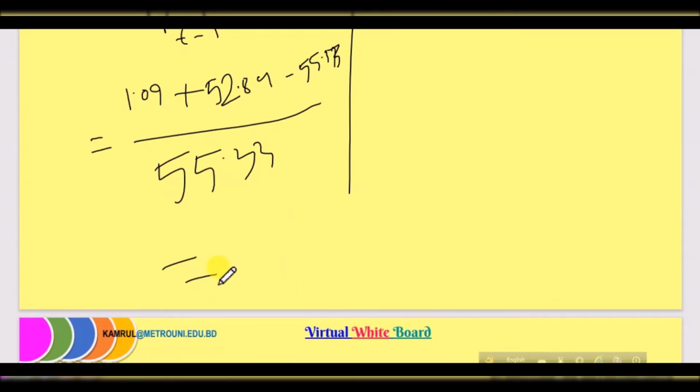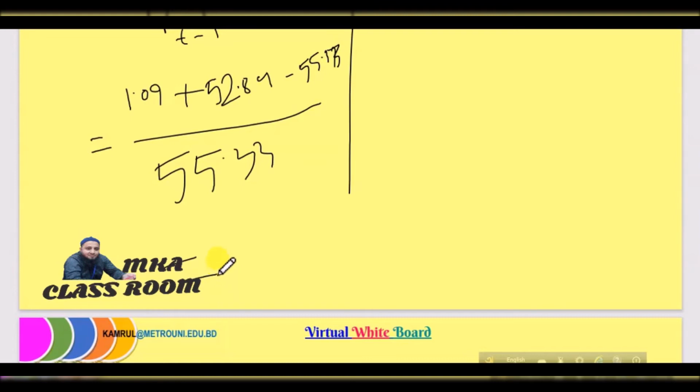Then what will be our return? Simply 1.09 plus 52.84 minus 55.33, divided by 55.33, into 100.